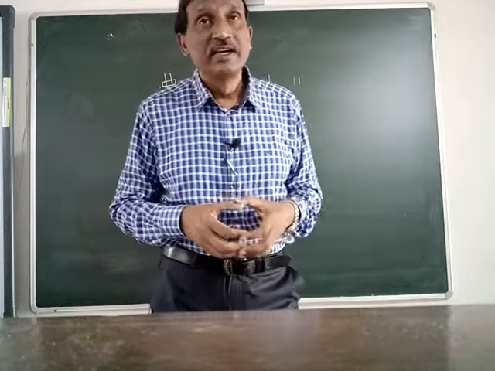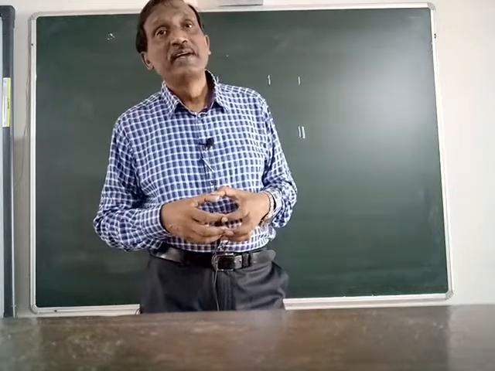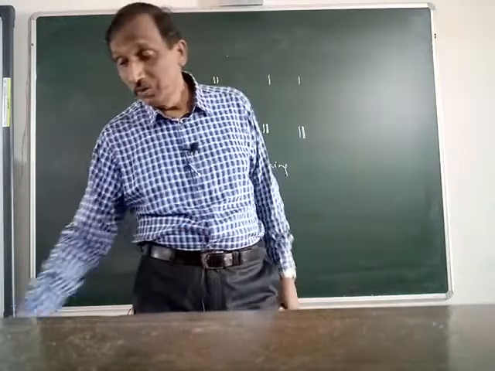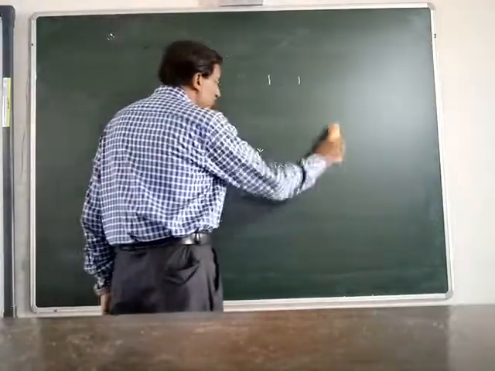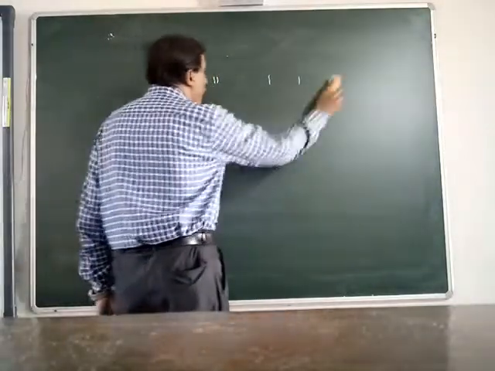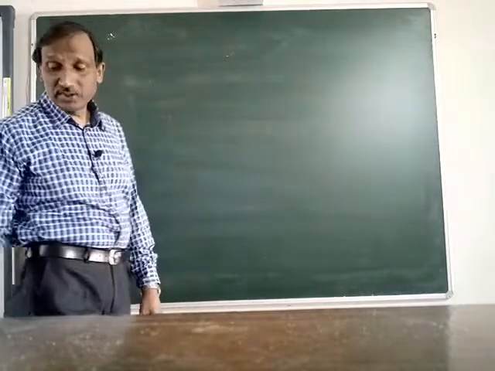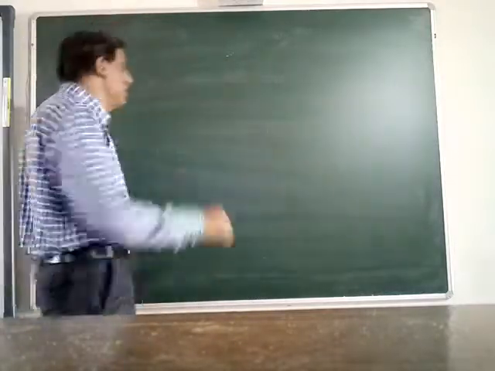Now the last is, briefly describe the following. Transcription. What is transcription? The script has to be changed. How is the script changed? The information is coded in our body in DNA.